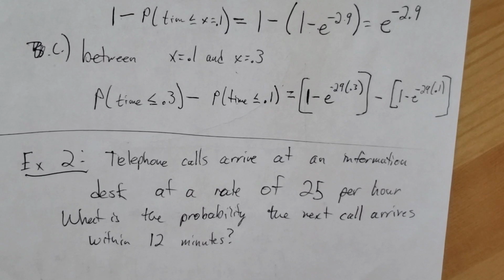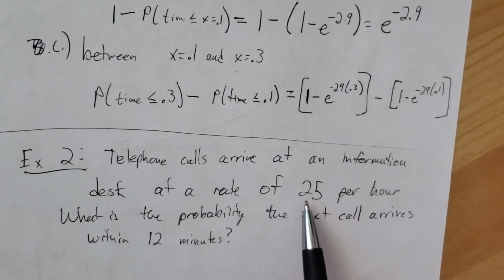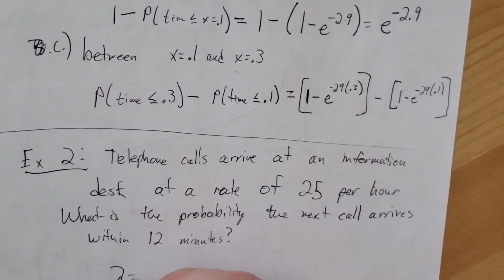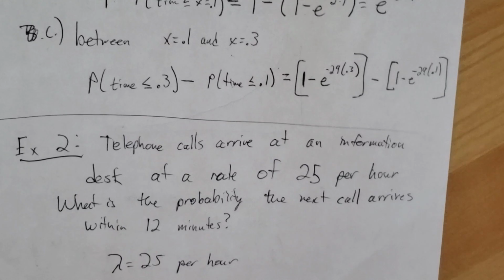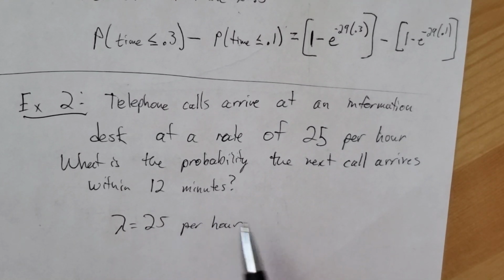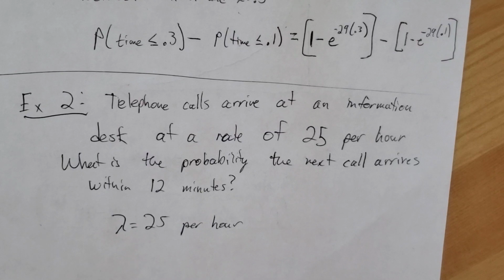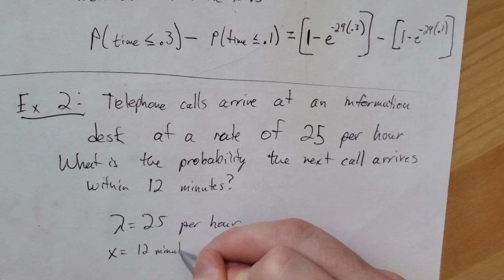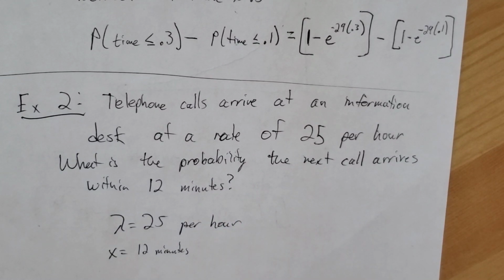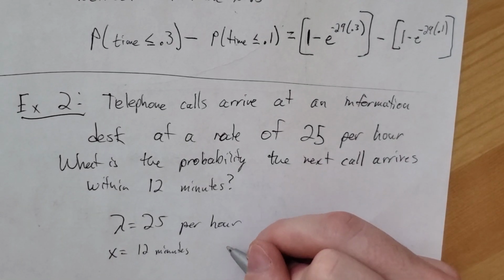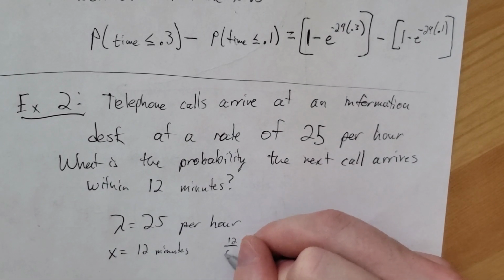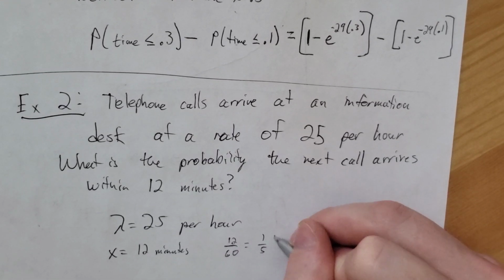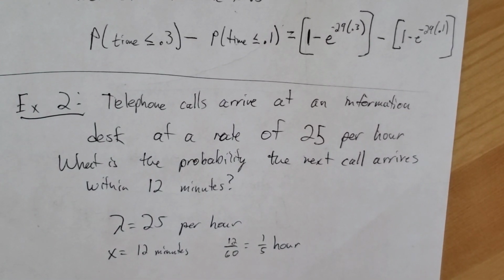One thing we need to be careful of is that our first piece of information, lambda, is 25 per hour, but our x, 12 minutes, was given in minutes. So x equal to 12 minutes, we then need to convert to hours because that's what our lambda was given in. 12 out of 60 would equal 1/5 of an hour, or 0.2.